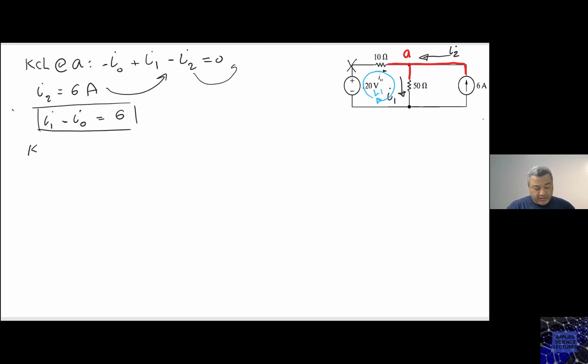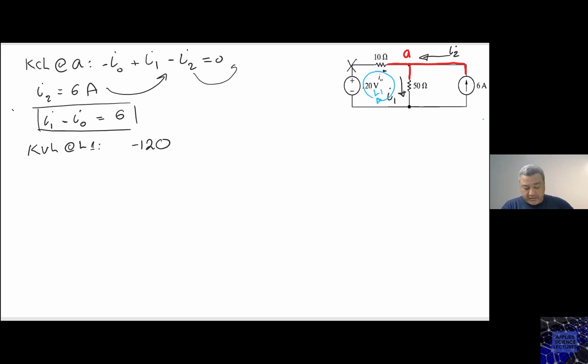So KVL at L1, I have minus 120, so this is 120, right?